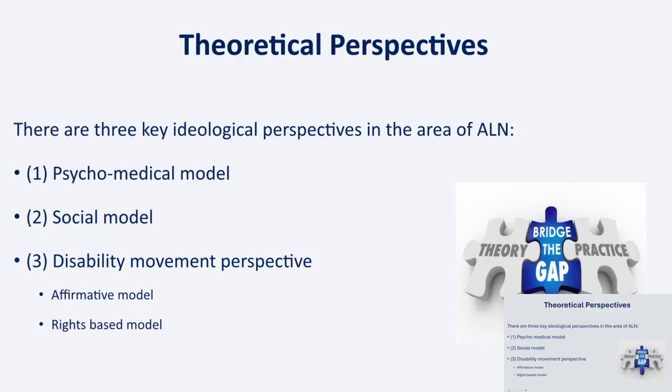Probably we are very much within the second model, although we do see aspects of the third one as well. And again, depending upon different perspectives, all of these can be equally problematic in different ways. So even when we come to the rights-based one shortly, there are still aspects there that people disagree with as well.